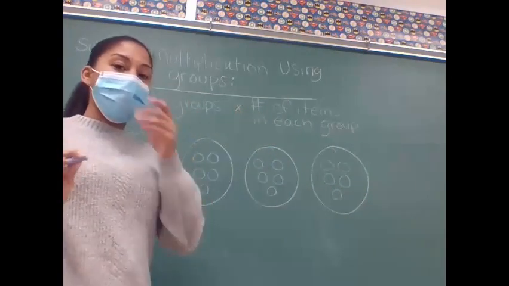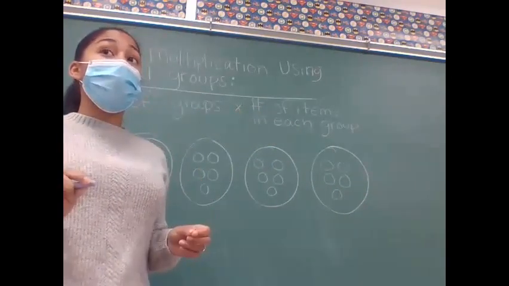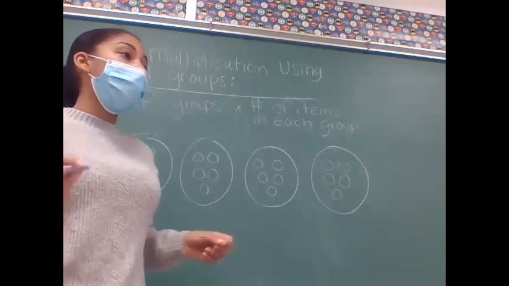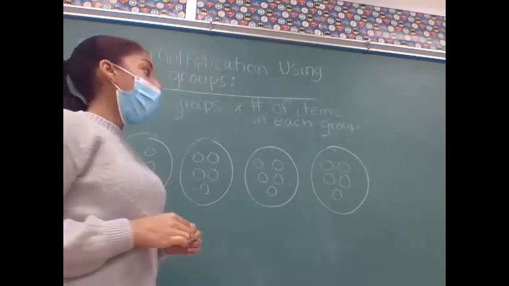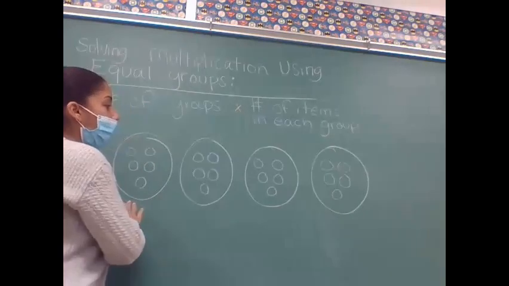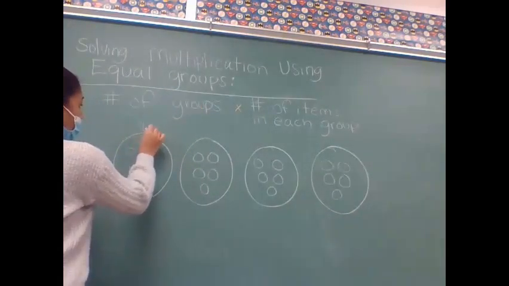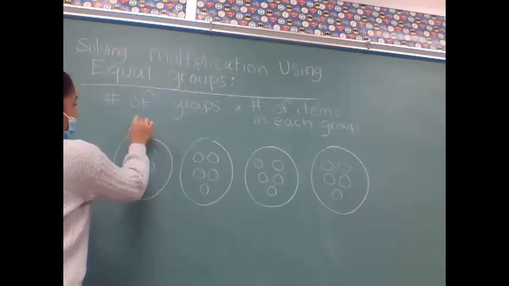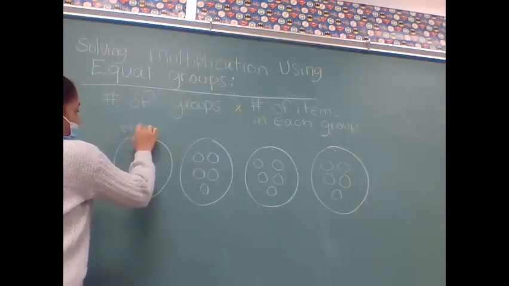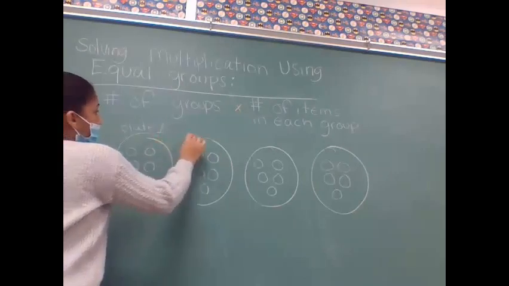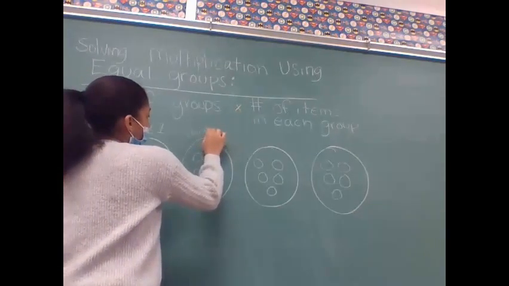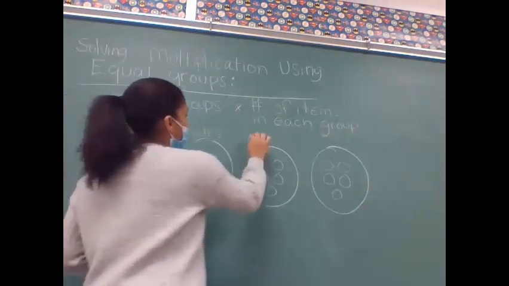We can think of this as a real world situation. For example, Miss Deja brought in 4 plates. There are 4 plates. This is plate 1. Plate 2. Remember, we use multiplication in our everyday lives.